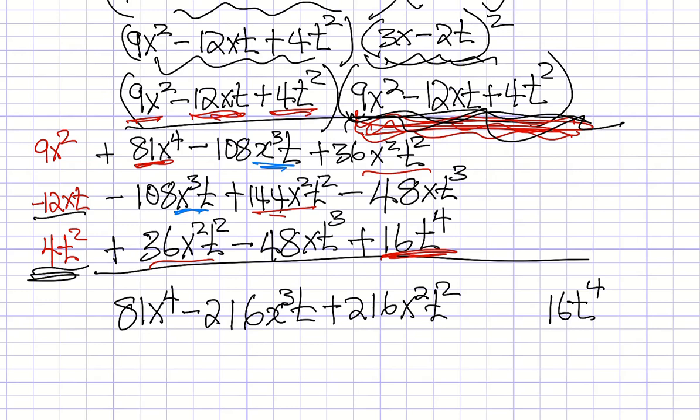What is left? These and that are left. They're both negative, okay? You see that, right? 48 plus 48. That's 96. So that's negative 96xt raised to the power 3, and then we'll add the stuff we put up there.